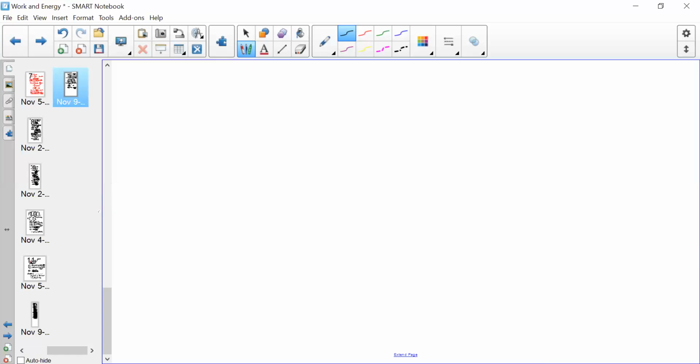Determine the particle speed at points B and C and the net work done by the gravitational force as the particle moves from A to C. All right, so page 218, number 4. The speed at B and C.